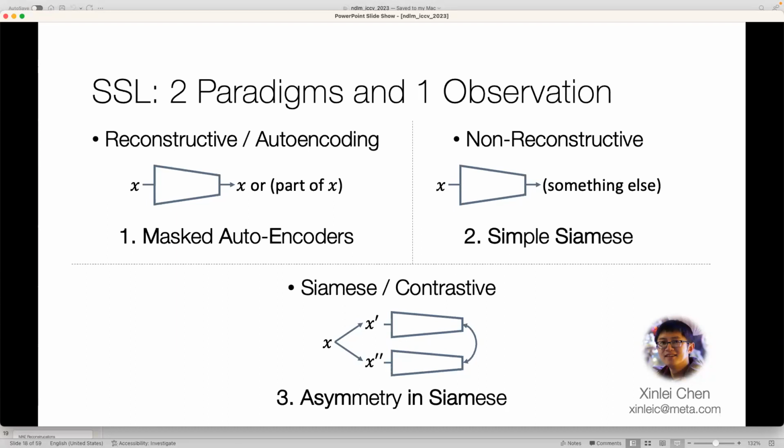So it is always put on the target side. I mean, it has to be on the target side. It's not like a coincidence. The momentum encoder is helping in that way.